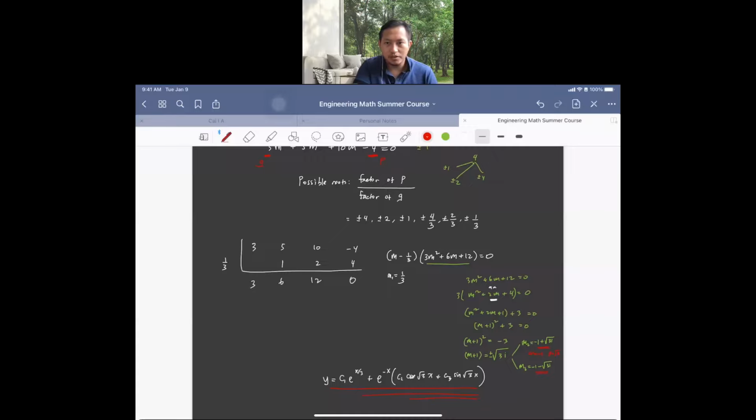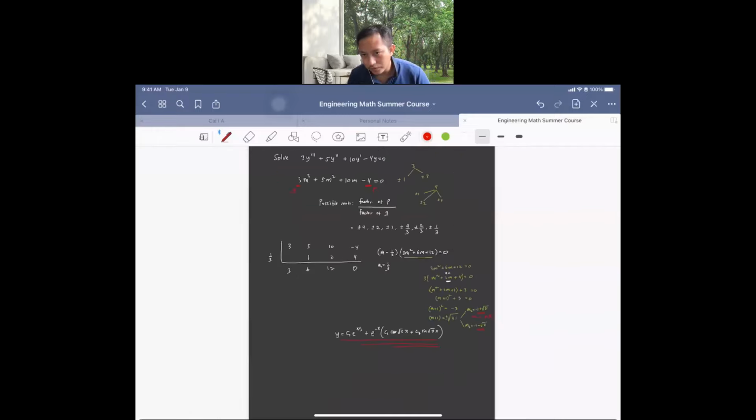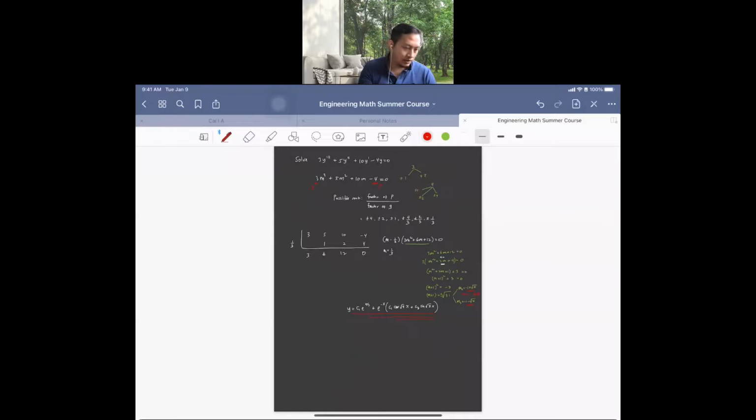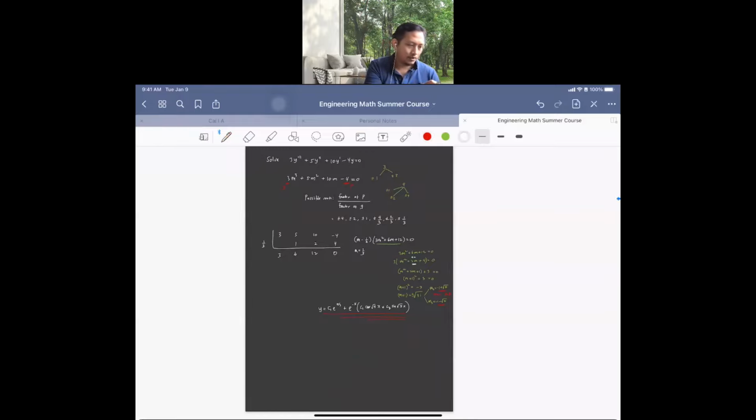We call this method undetermined coefficients. Let me just give you a summary of what undetermined coefficients is. Let me write with just my notes, because your textbook, I think, has too many words.